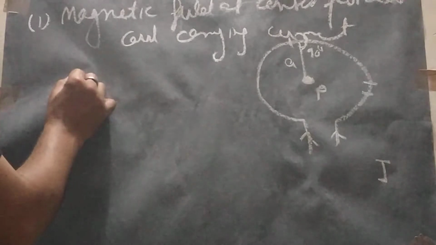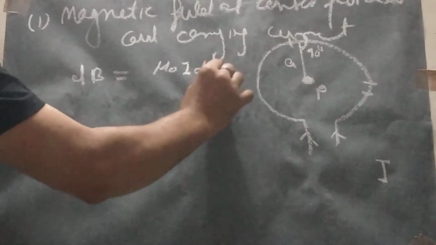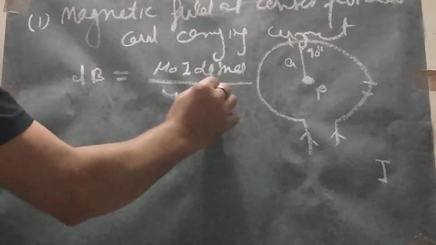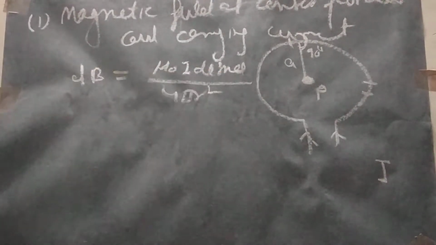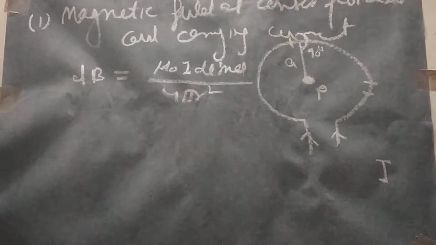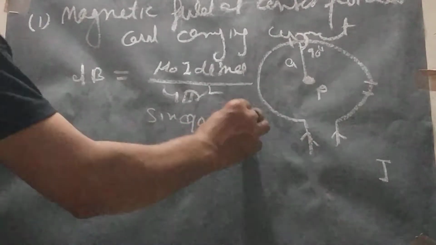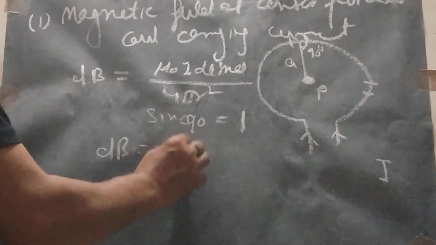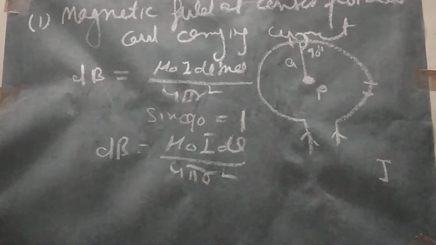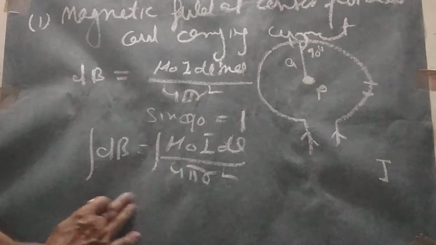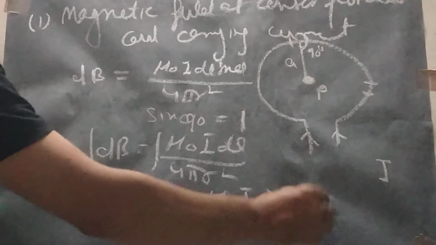According to the Biot-Savart law, dB equals mu naught I ds sin theta upon 4 pi r square. Directly we will use this law, and here theta is 90, therefore sin 90 is 1, and we have dB equals mu naught I dl upon 4 pi r square. The total magnetic field will therefore be the integration of dB, B equals mu naught I, and the integral of dl is here 2 pi r.